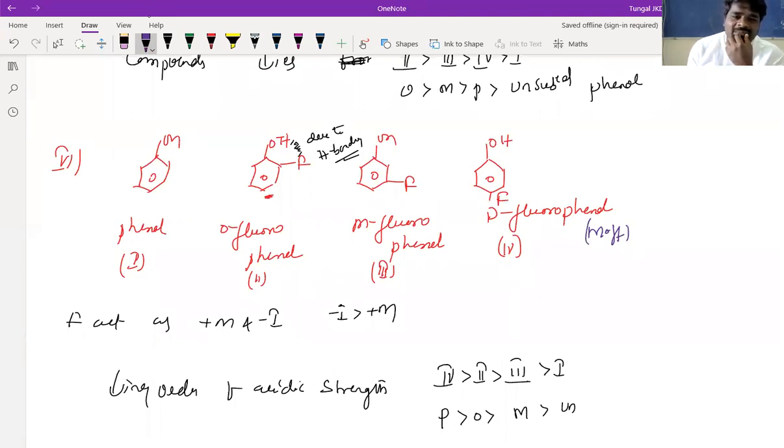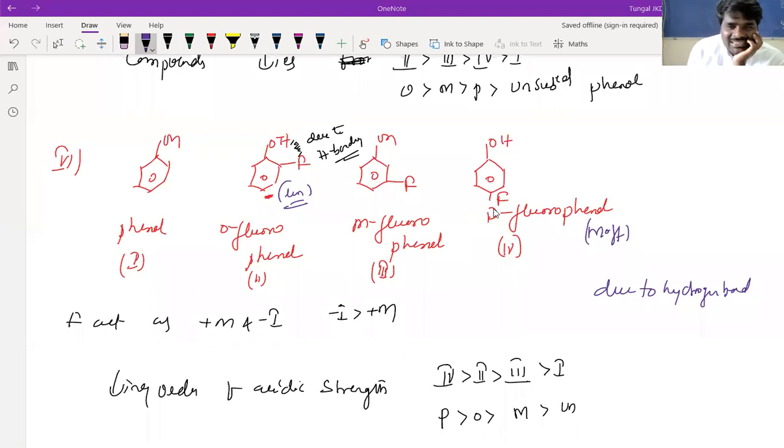This is found to be less, beta, because of hydrogen bonding. Whenever there is a possibility for hydrogen bond formation, beta.